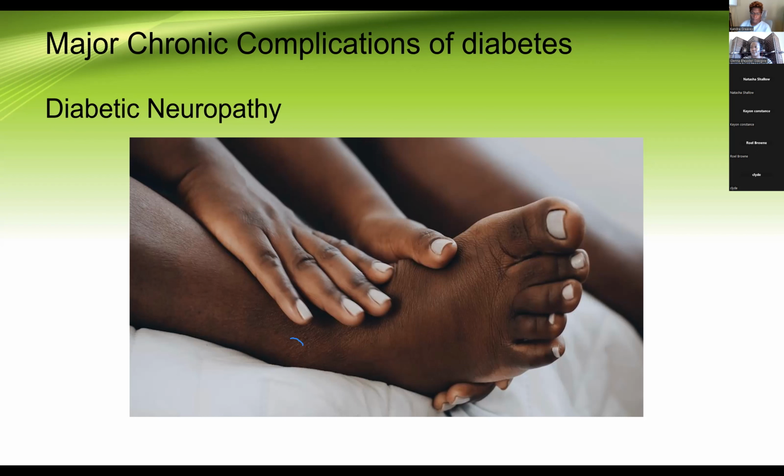And the one that is the most dangerous, we call the autonomic neuropathy. This is where the part of the brain in control of the blood pressure, the heart rate, the sex organs, the bladder, the digestive system, the eyes, sweating, etc., is affected. So the patient comes to the unit and their blood sugar is low, but yet they are unaware of it.